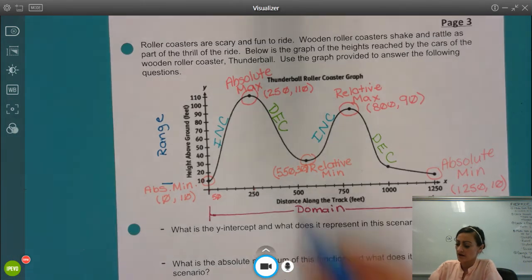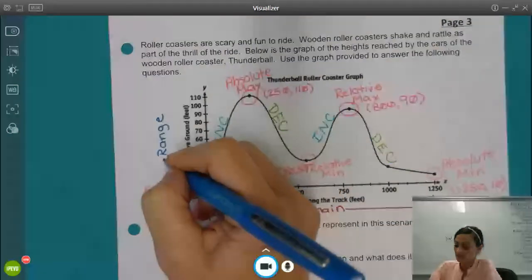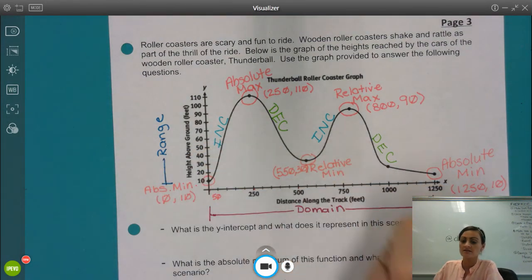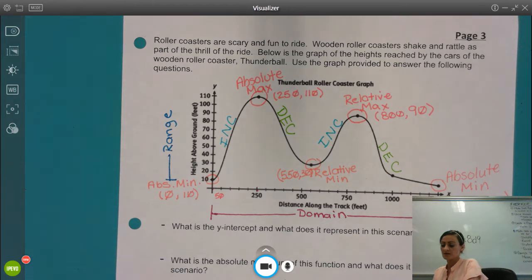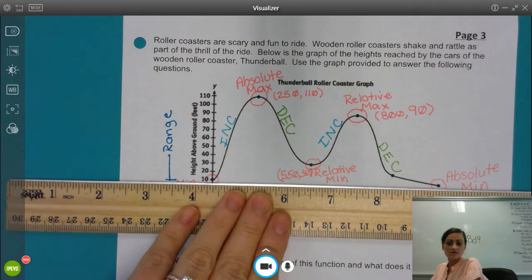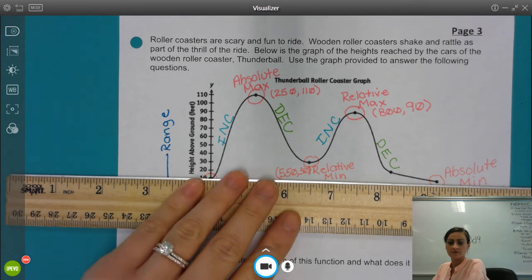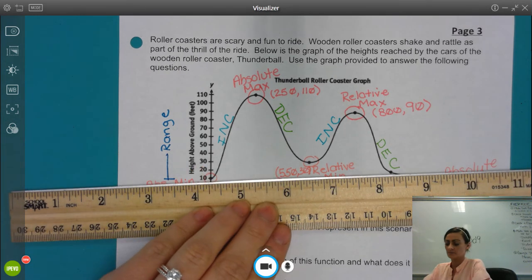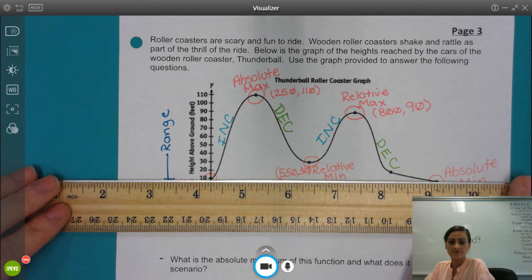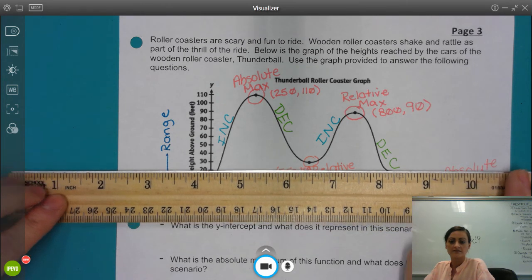So I go from my absolute minimum value, as long as it is a continuous graph, and I'm looking at all of the output values that are possible. So I'm going from the bottom, all the way up.